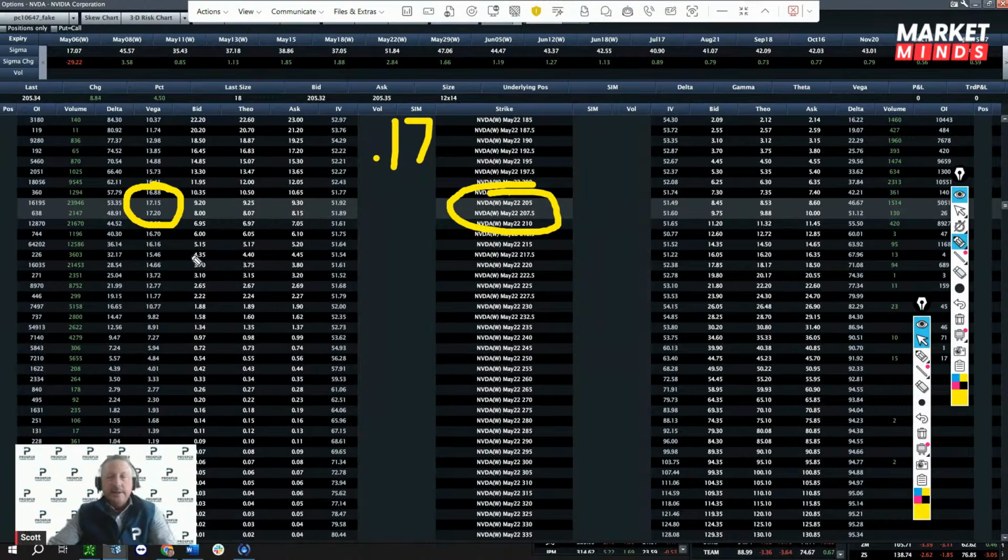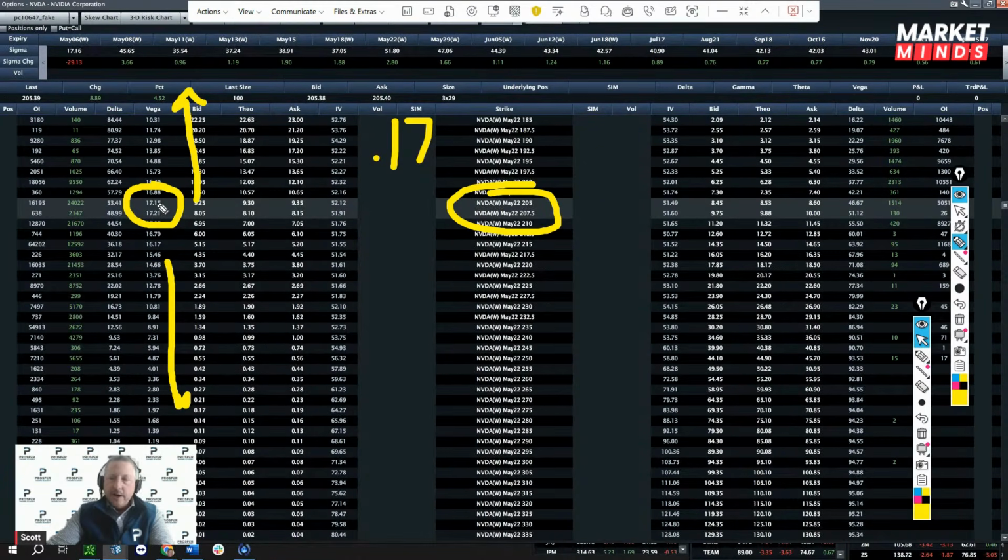Again, you can see, and this holds for any time frame we're going to look at. Yeah, it's not a Greek letter, but it's one of the Greeks. We can see highest at the money, gets lower and lower in the money and out of the money.